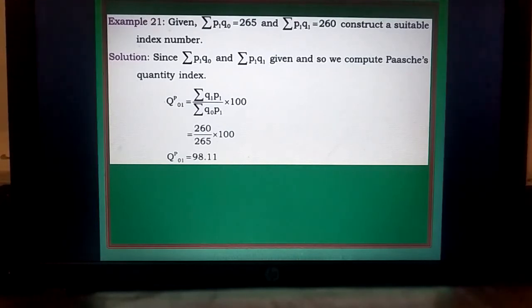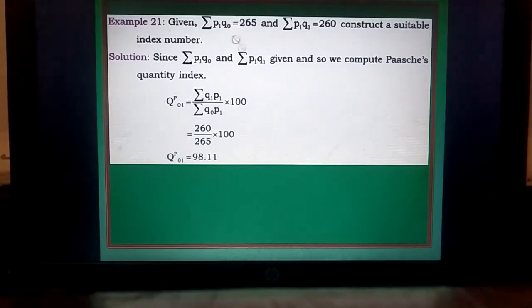Here also once again the same hint I am giving you: whether a quantity relative is becoming possible or a price relative is becoming possible, you can observe. Q1 is there, Q0 is there. That's why a quantity relative is becoming possible. And P1 is the weight applied, correct? So we have to conclude that it is quantity index number to be calculated.